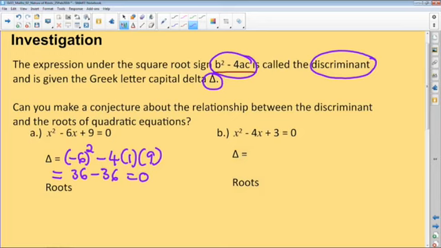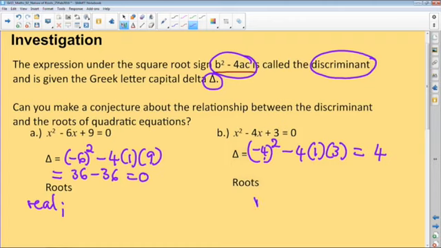We come to b. Your b squared is minus 4 all squared, minus 4a is 1, c is 3, which gives us 16 minus 12, and that's a 4. Now you'll notice something. This is 0, it is real. You're getting a 4 here, that's also real.